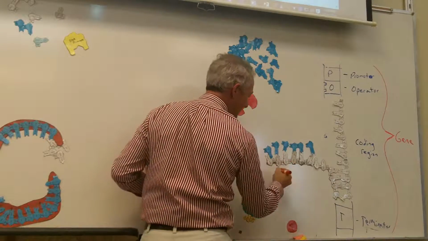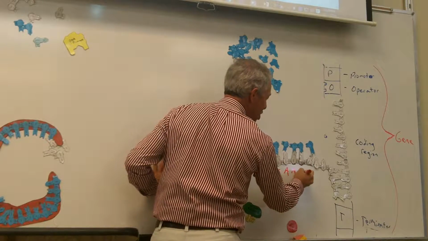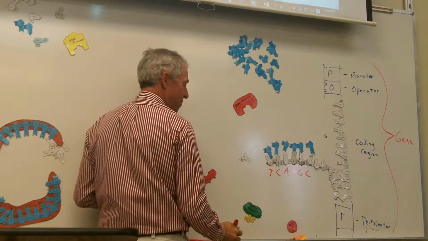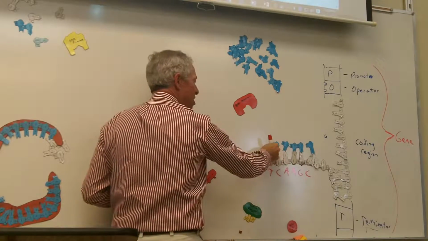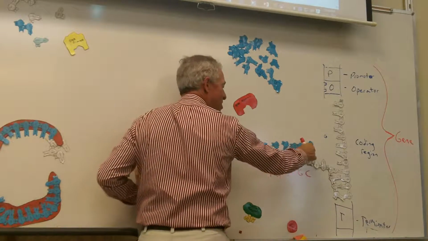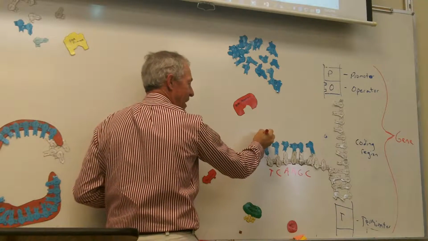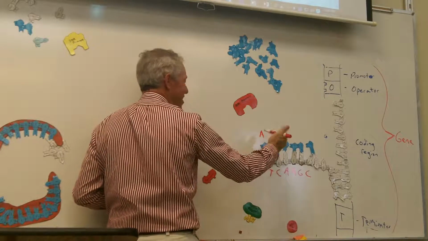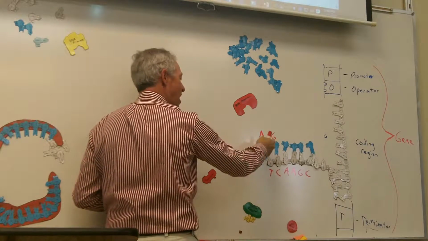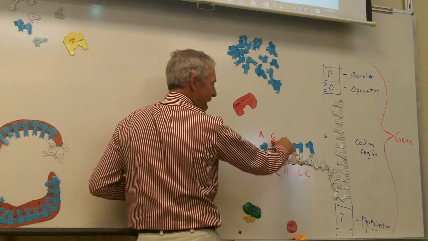Now, if this DNA were TCAAGC, those are the bases, could you tell me what the RNA bases would be? What goes with T? A. What goes with C? G. That's the rules. G always goes with C, A always goes with T. So if this is A, what would that be?